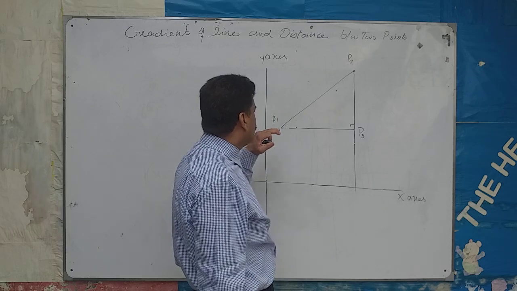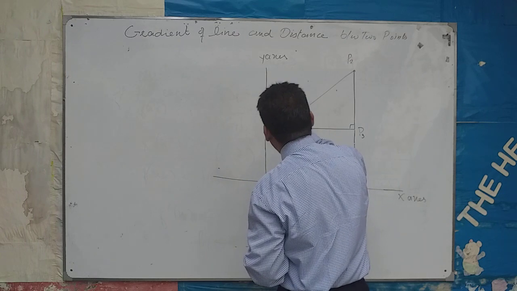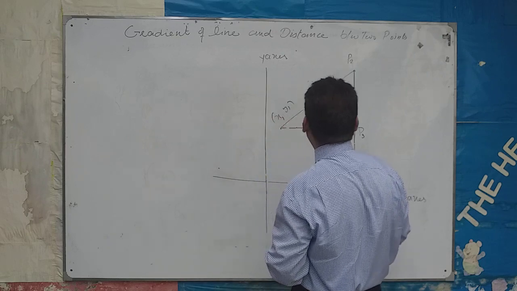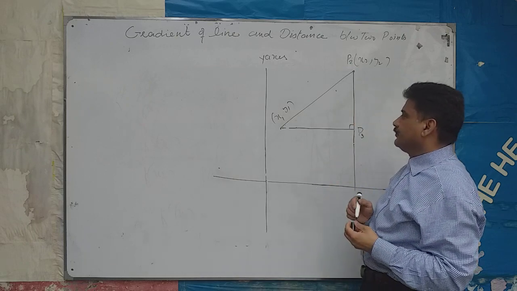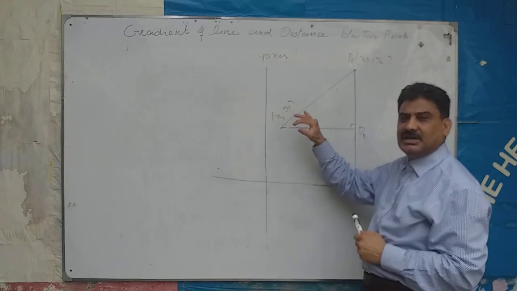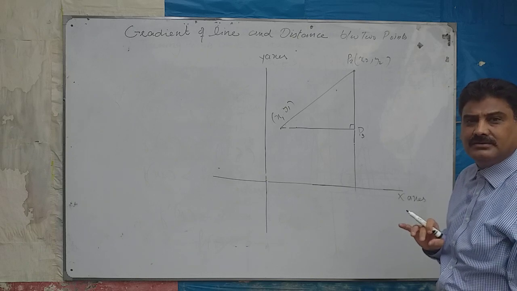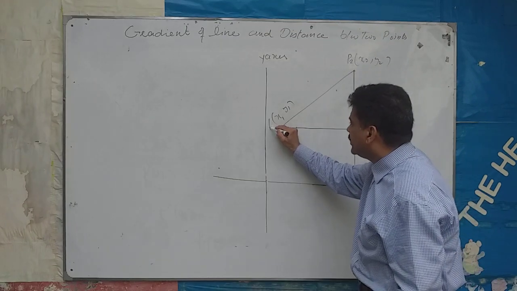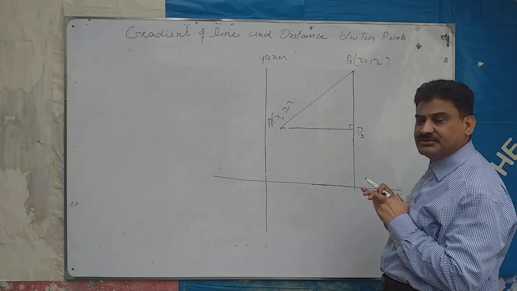If we have particular coordinates of P1 and P2, here we suppose coordinates of P1 are x1 and y1, and coordinates of P2 are x2, y2. Here we can easily find the total change of x, which is del x.